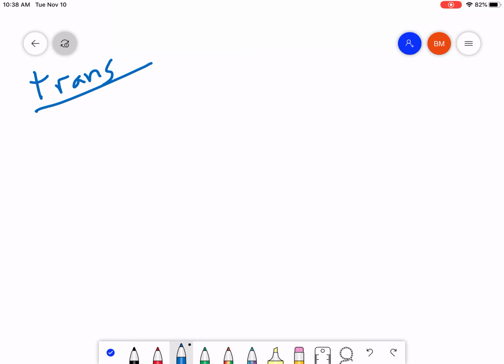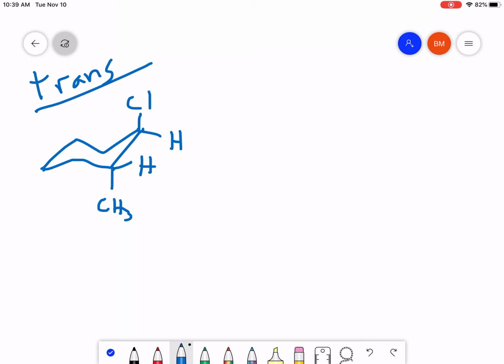All right, so for the trans, again, I'm just going to start off this way. Cl up there. Now, if this is trans, we want the methyl and the chloro to be pointing in opposite directions, right? So that means if we have an axial Cl, we have an axial CH3, and we have an H there.